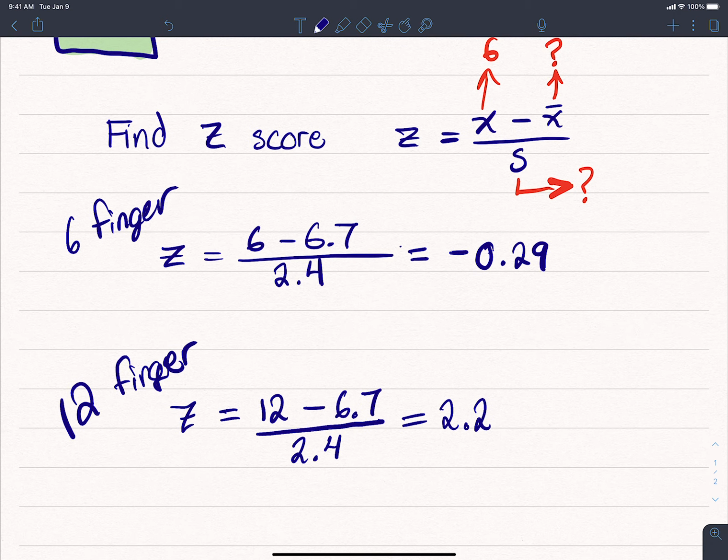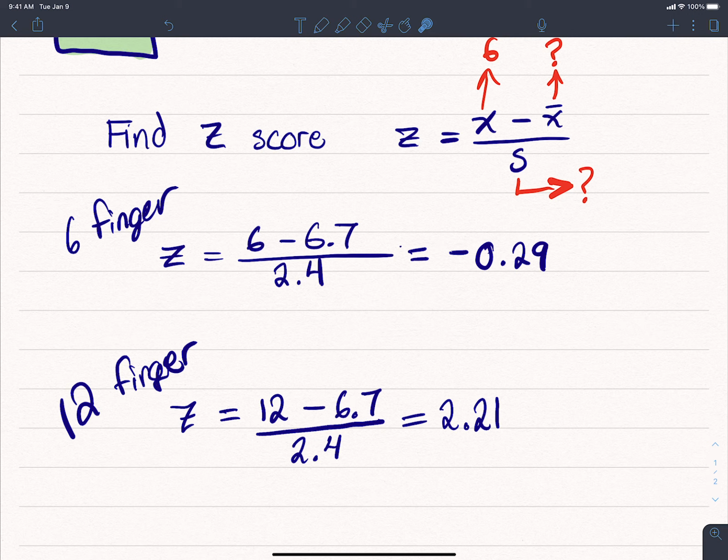2.2 what? 2.21. Exactly, because we had 2.208. So when we just want to round at the hundredths place, we need to round it up to 2.21. So what does that tell us about our 12-finger alien? Is our 12-finger alien normal? This is a Z-score. No. He's way off. But what was the specific term we had to reference a Z-score that's this high?